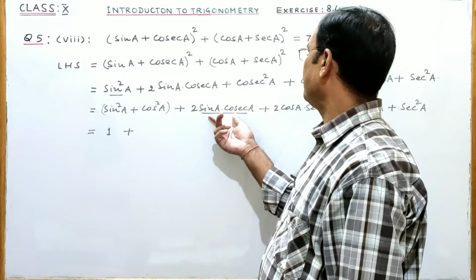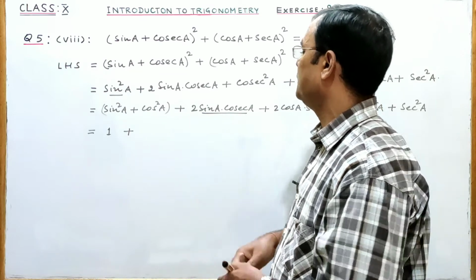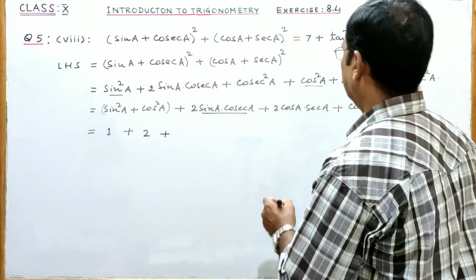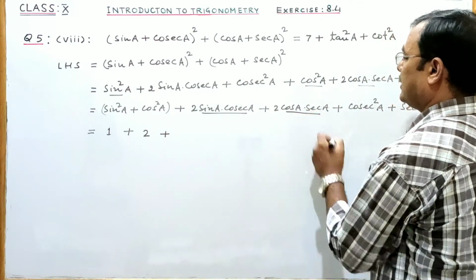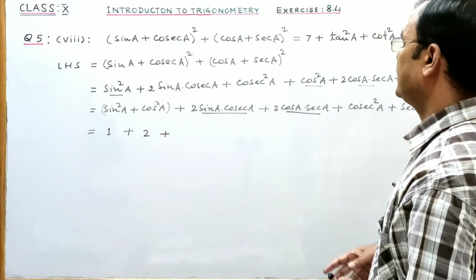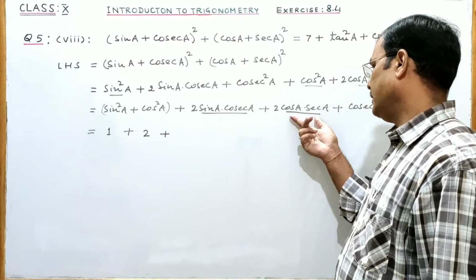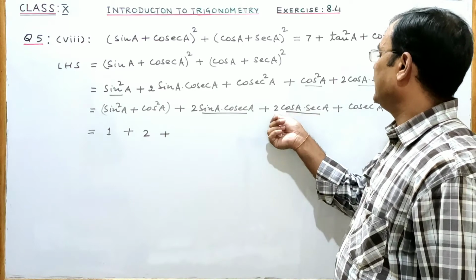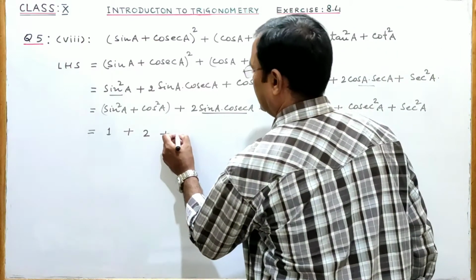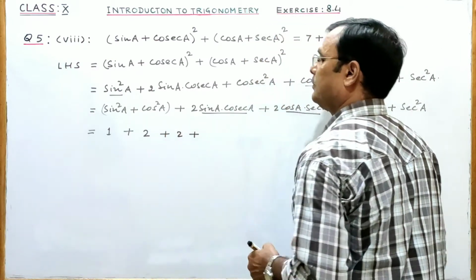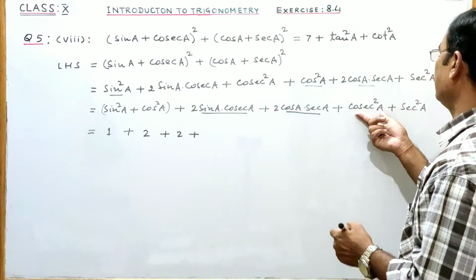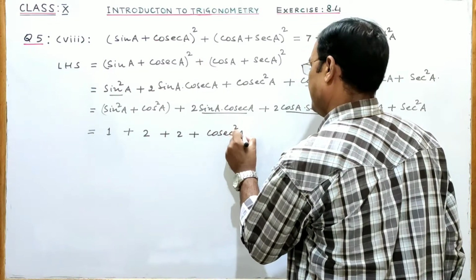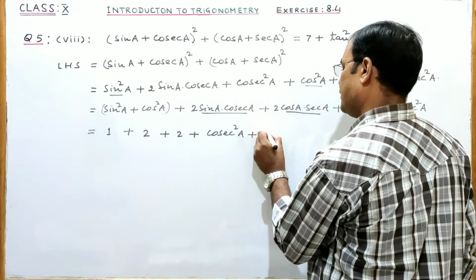So sin into cosec is 1, into 2, 2, plus this cos into sec also equal to 1 because they are reciprocal of each other. So cos A into sec A is 1 and into 2 is 2, plus this cosec square A plus sec square A.